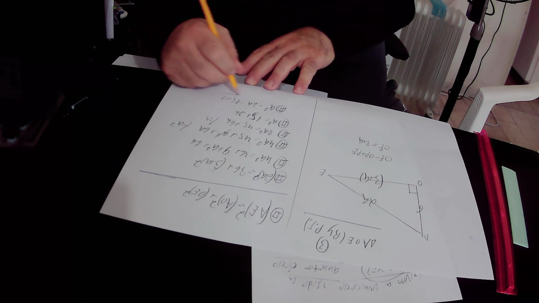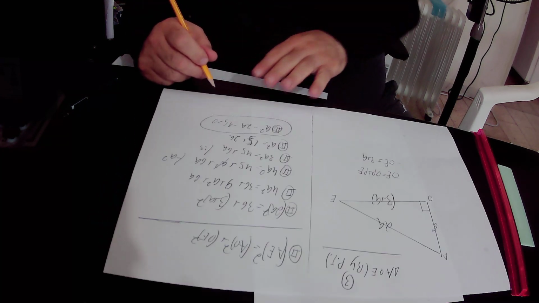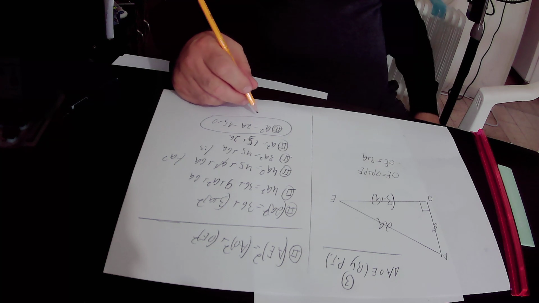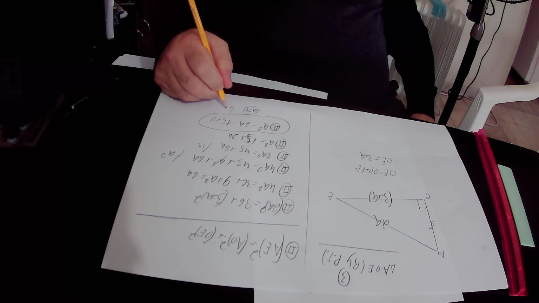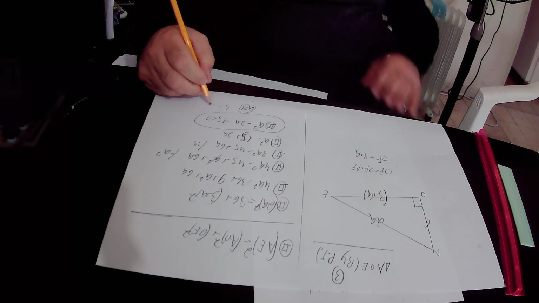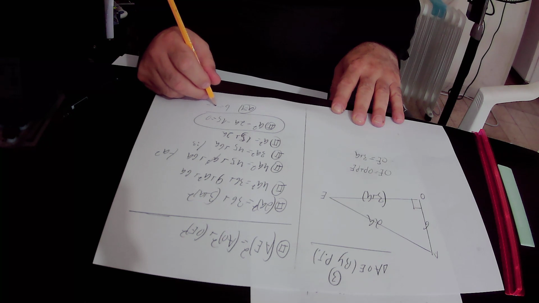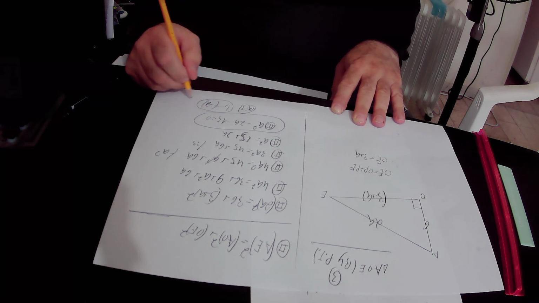So here the coefficient a in this quadratic equation is 1. The coefficient b is minus 2. And the coefficient c is minus 15.